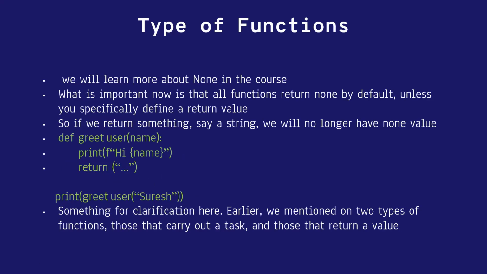We will learn more about None in the course. What is important now is that all functions return None by default unless you specifically define a return value. So if we return something, say a string, we will no longer have the None value. So let us define another function here.